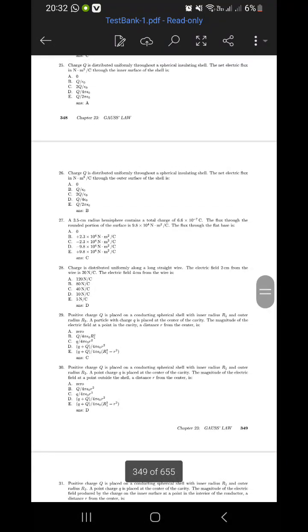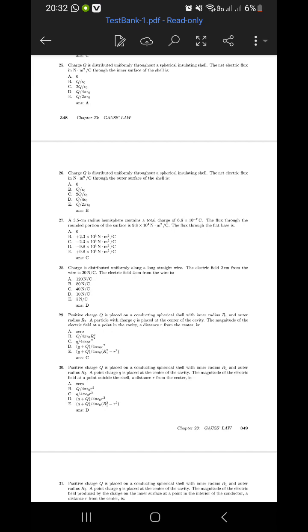Charge q is distributed uniformly throughout a spherical insulating shell. The net electric flux in newton meters squared per coulomb through the inner surface of the shell is A, which is 0. Why is this one different from the previous one? Charge q is distributed uniformly throughout a spherical insulating shell.